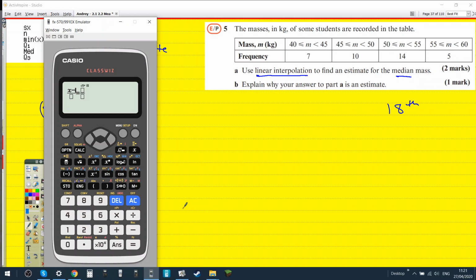Our x will be a mass. Okay. What is the lower bound of the mass? 50. Yeah, if it's in that group, it can't be less than 50. And it'll probably be pretty close to 50 if it's the first in that group. Oh, at the bottom, minus 55 minus 50. Yeah.